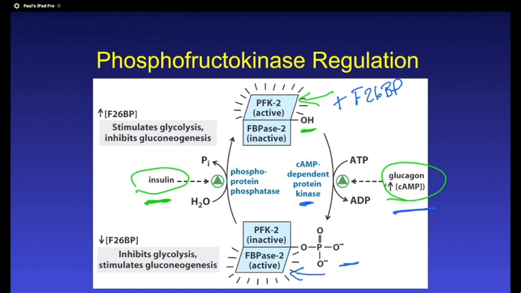That means I lose the fructose 2,6-bisphosphate and glycolysis stops. And actually, later, it signals to make glucose. So when I have glucagon, I turn everything on to make glucose because I need it, and I turn everything off that breaks glucose down.